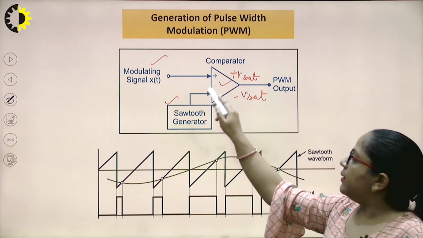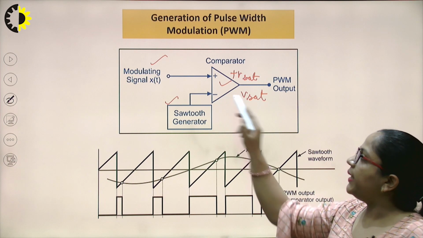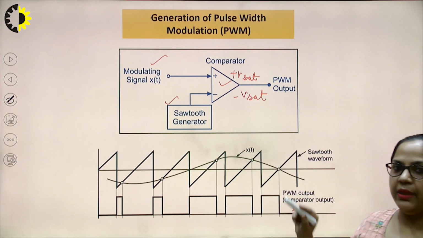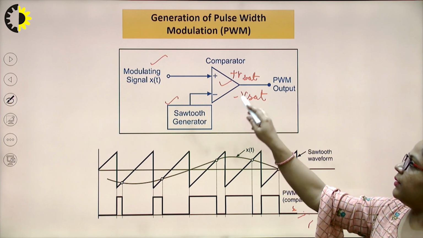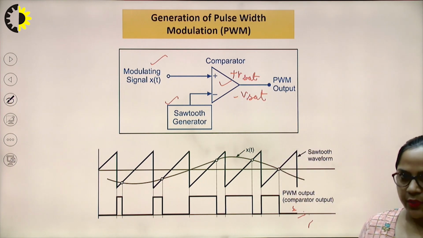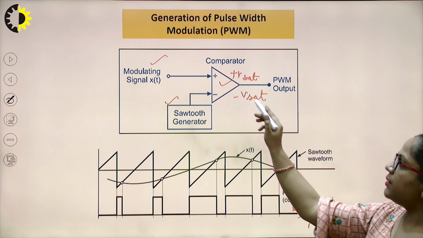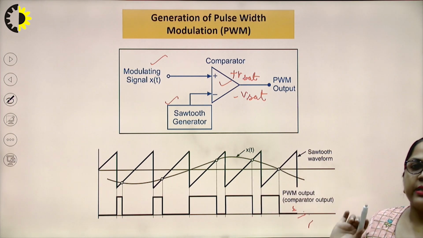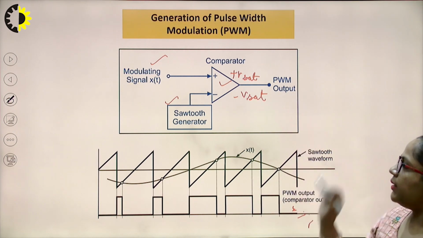In case the signal available at the inverting terminal is greater than the signal available at the non-inverting terminal, then we will get the output of this comparator as minus V saturation. Okay. So, here we will consider the output as plus V saturation. We are considering a single polarity PWM signal at the output.